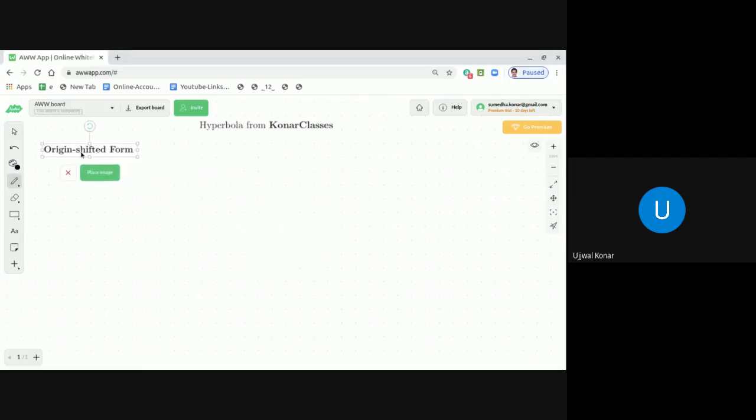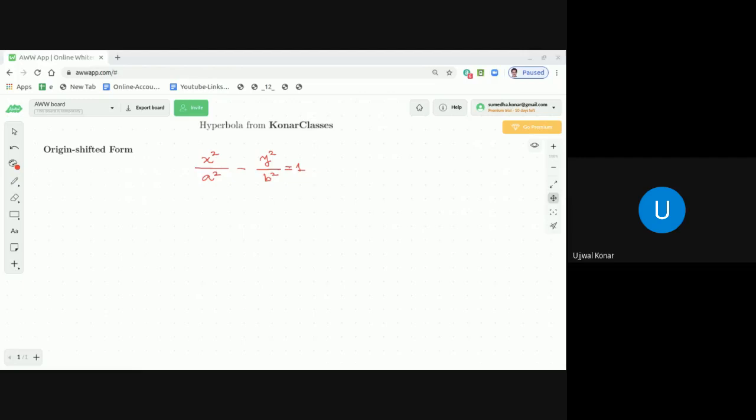As I just said, the standard equation of hyperbola is x square by a square minus y square by b square is equal to 1. That is the standard equation. And here the origin is at 0 0. Center is at 0 0. What we define in case of all these conics is called the center.